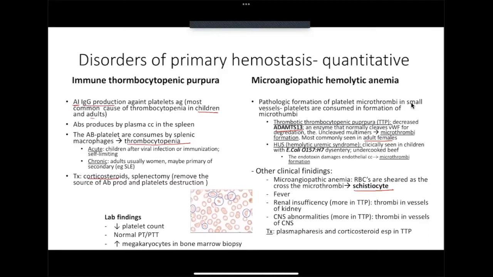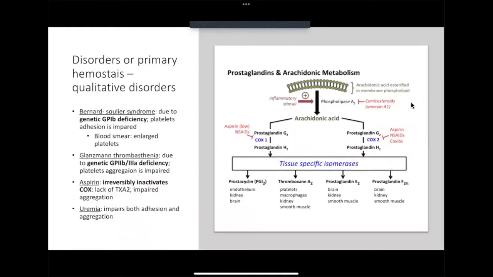The reason these are normal is that this has nothing to do with the coagulation cascade; it only deals with platelet count, while PT and PTT deal with the coagulation cascade. There are also increased megakaryocytes in the bone marrow biopsy, because the platelets are being rapidly consumed, so the body signals more megakaryocyte formation to supply the need for more platelets.